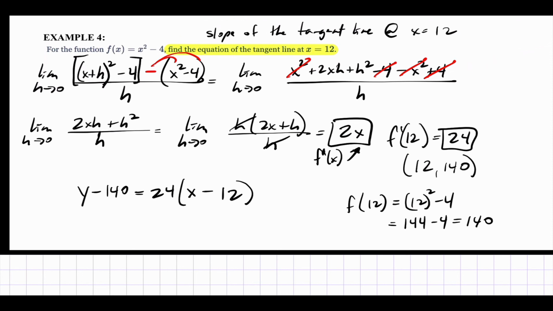Sometimes a question will be A, B, C, D, and none of them match that because they're in a different form. Well, if they're in a different form, you got to distribute here. 24x minus 240 plus 48. What is that? 288.